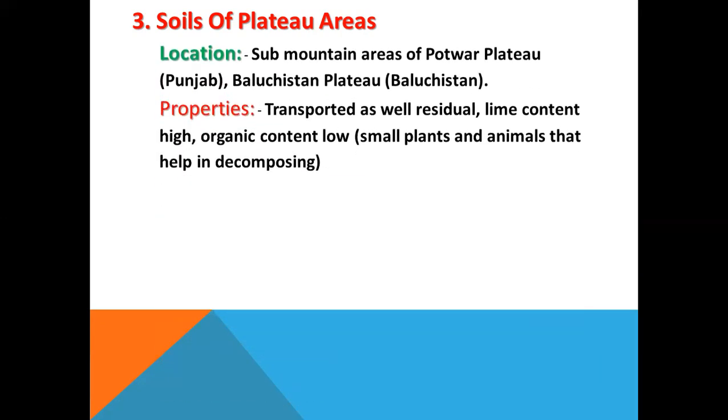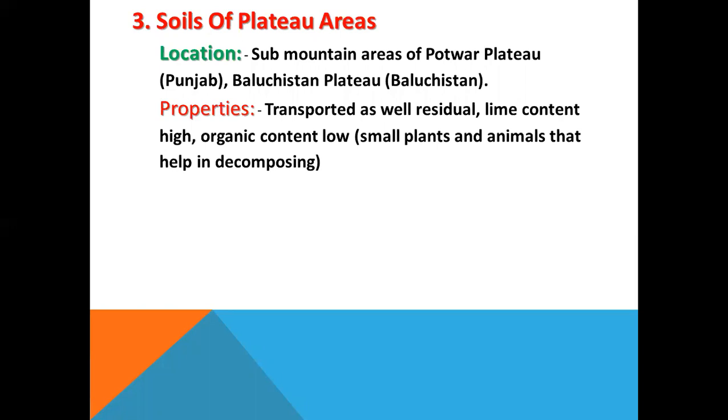Third regional group of the soil of Pakistan is soils of plateau areas. This type of soil is located in sub-mountain areas of Potwar Plateau, which is located in Punjab, and Balochistan Plateau, that is located in Balochistan province.